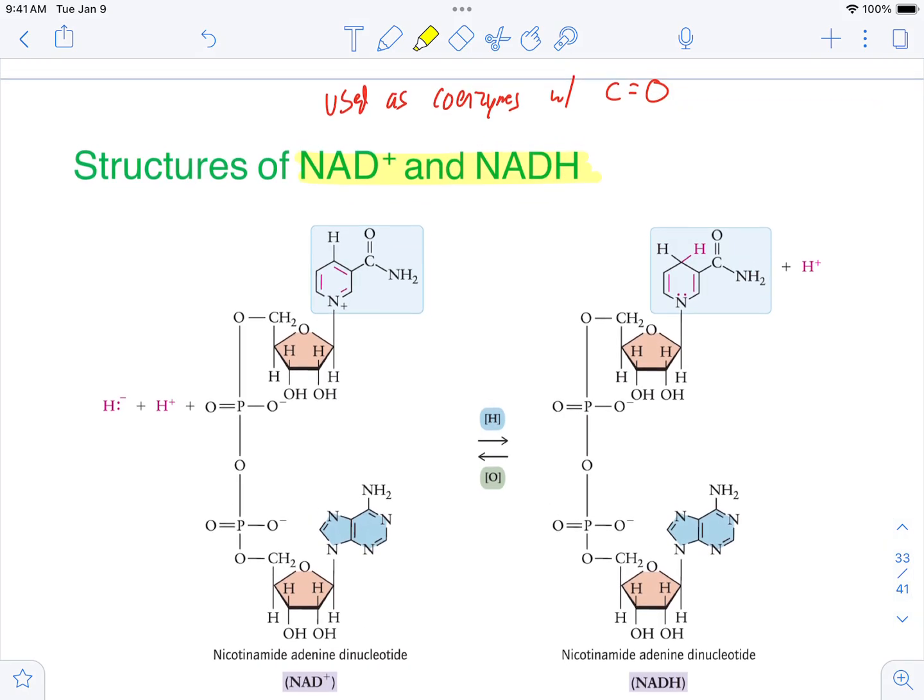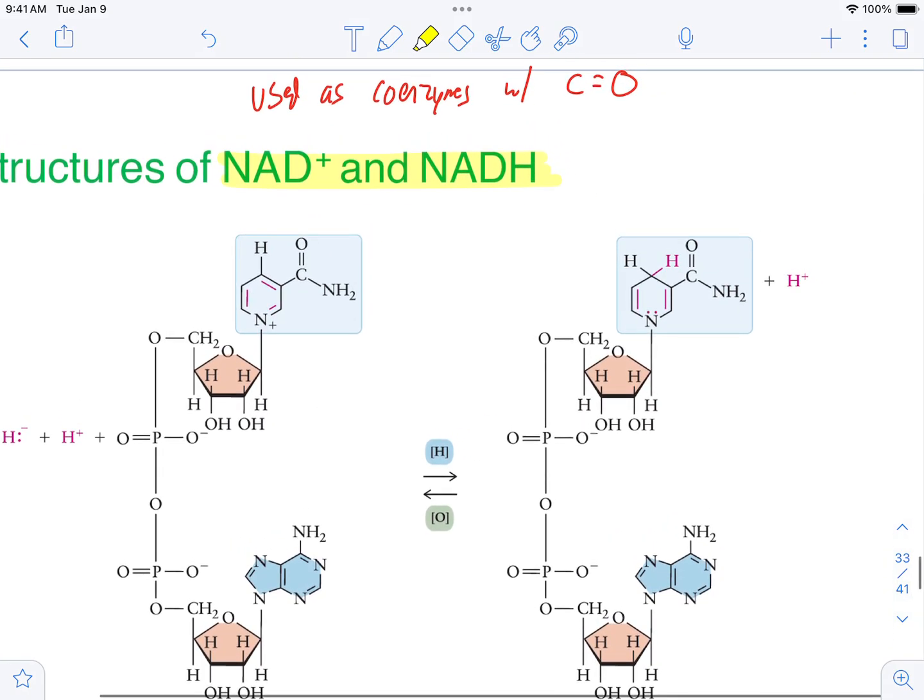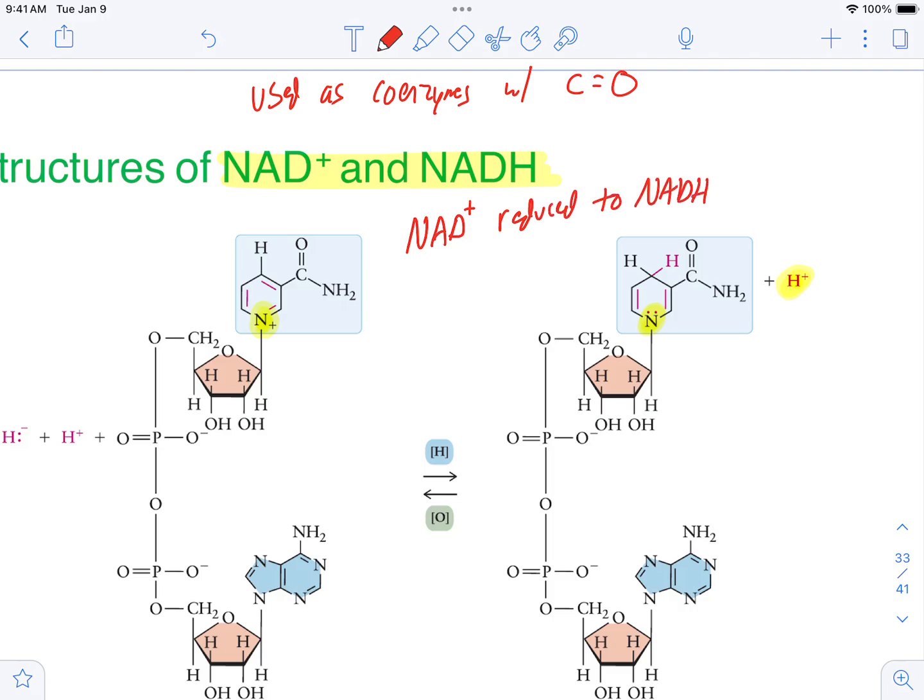So we want to focus on the blue square that's highlighted up here. I want you to look at the nitrogen atom, and I want you to look at this H over here. What happened is that our NAD plus is reduced to NADH.